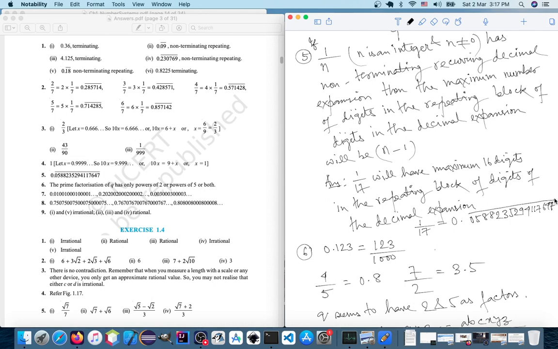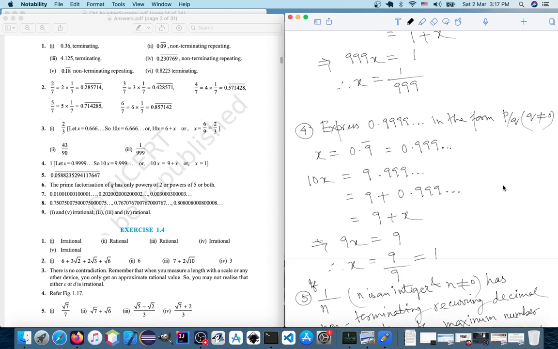So this will be the decimal expansion of 1 by 17, and you can see that the repeating block of digits has 16 digits. That's what I said, that it will have maximum 16 digits.